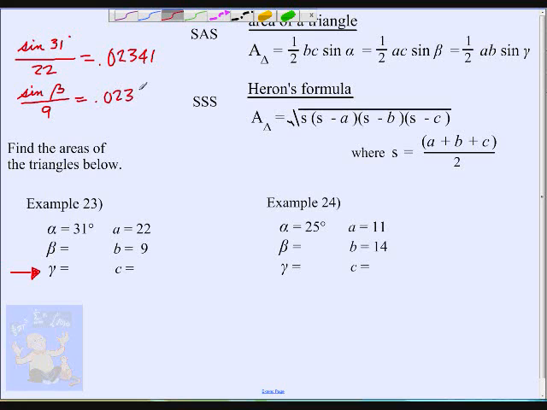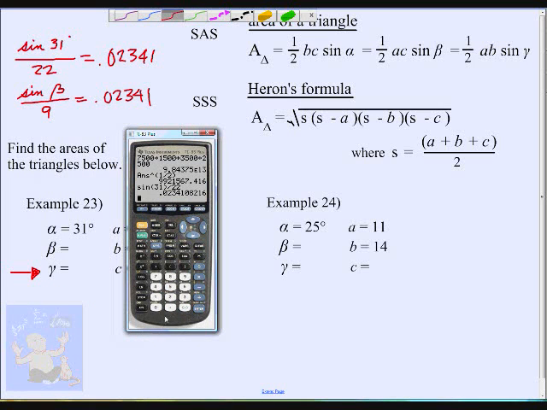The law of sines is so neat. So the sine of beta will be this ratio times 9.